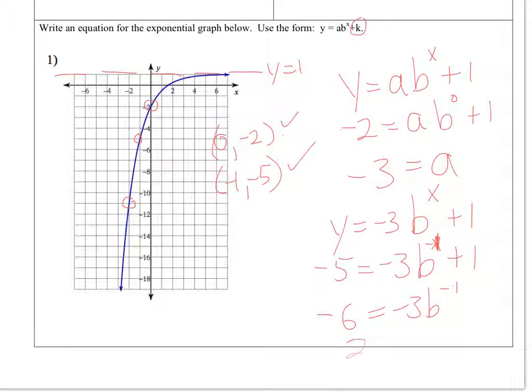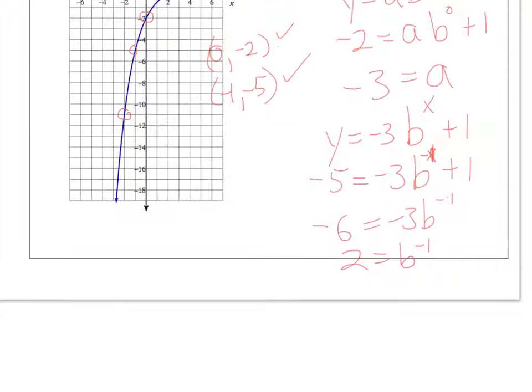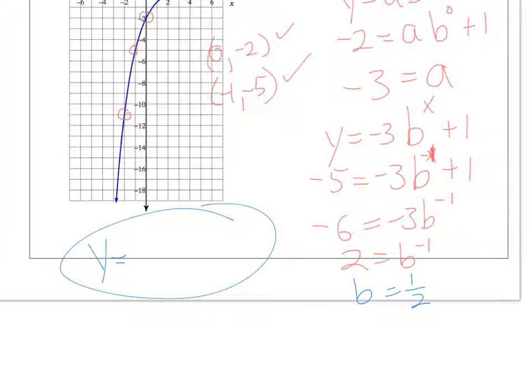Dividing by negative 3, we get 2 is equal to b to the negative 1. A negative 1 power is a reciprocal. That means that b equals a half. My final answer for this is y is equal to negative 3 times a half to the x, and then we had plus 1 at the end.